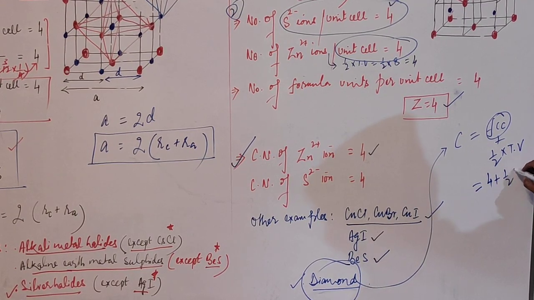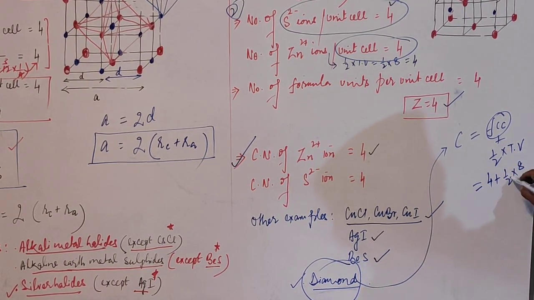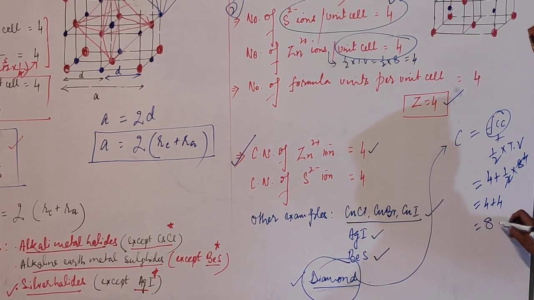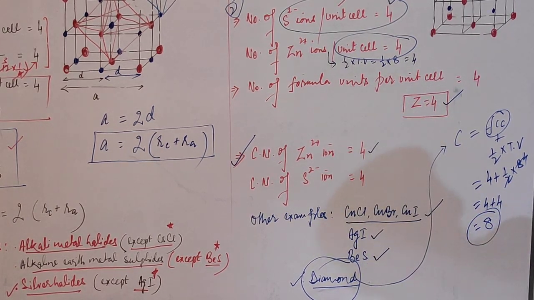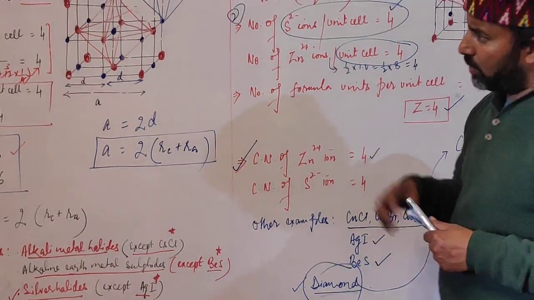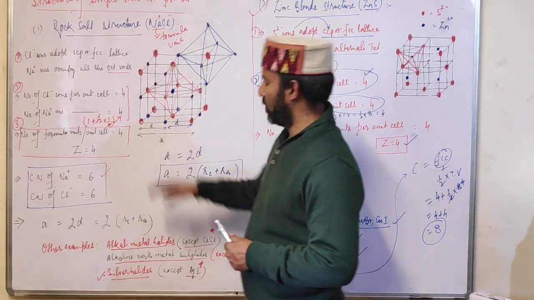And half of tetrahedral voids मतलब 8, that is also 4. So 4 plus 4, it is 8. So how many carbon atoms are present per unit cell? It is 8. So students, this was zinc blende structure.